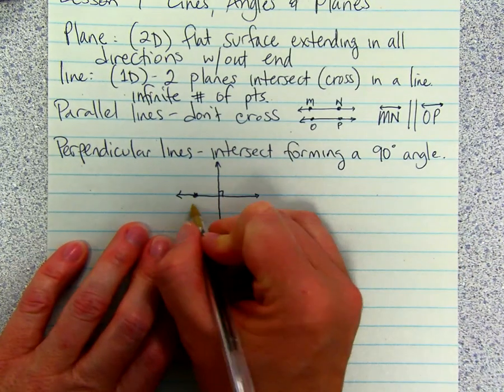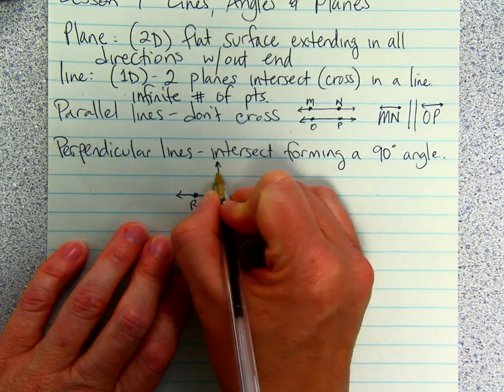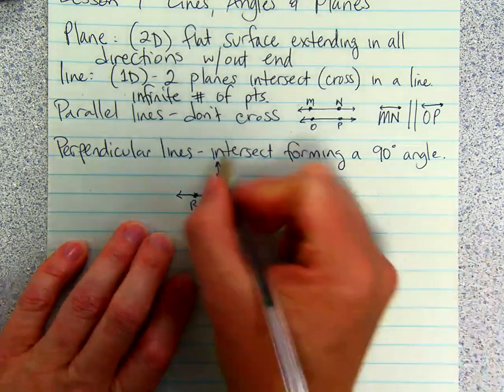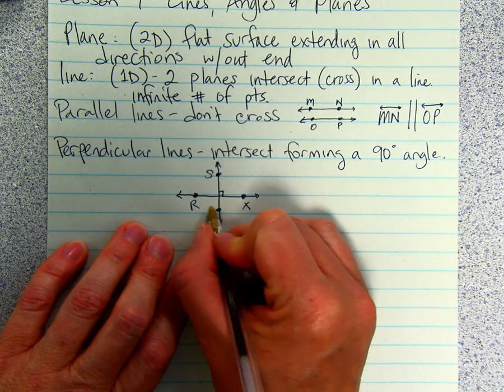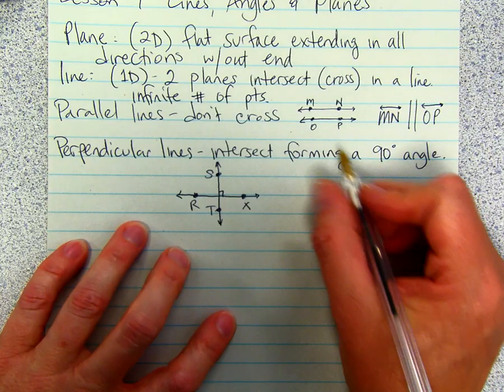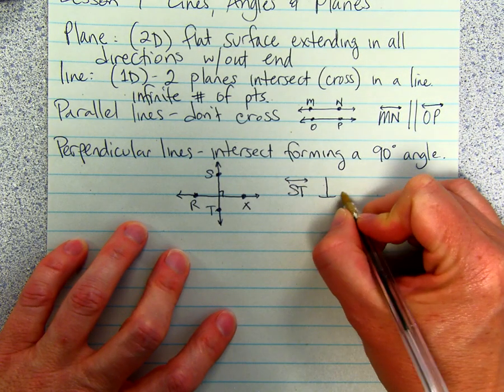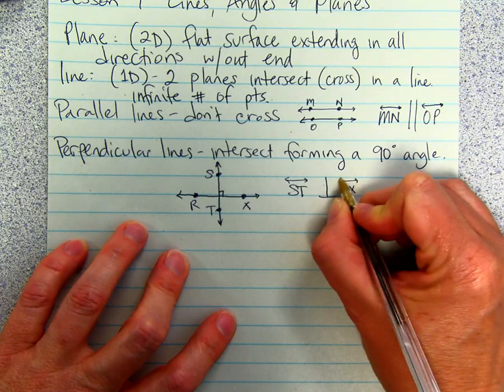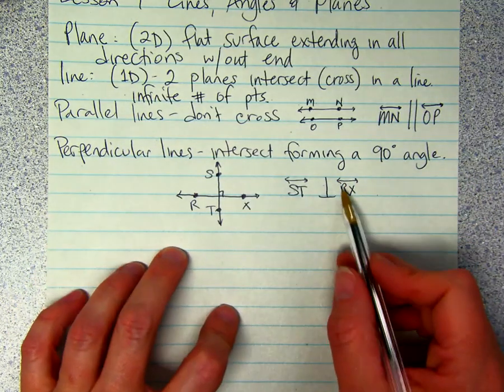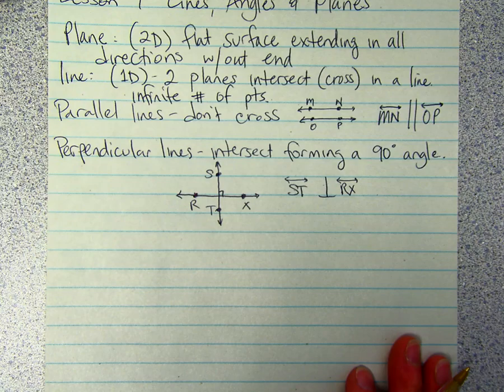We'll call one RX and the other one ST. And to show using symbols that line ST is perpendicular to line RX, we use the little perpendicular symbol, which just looks like an upside down capital T.